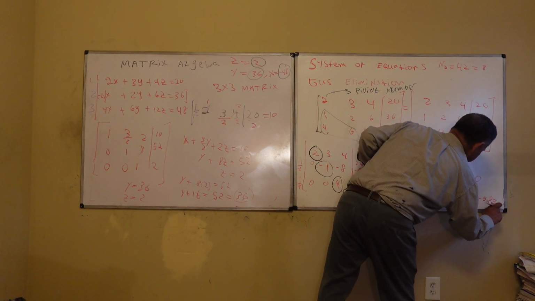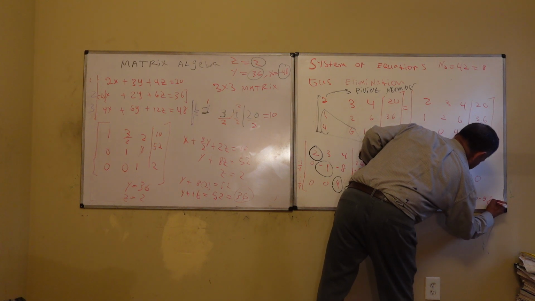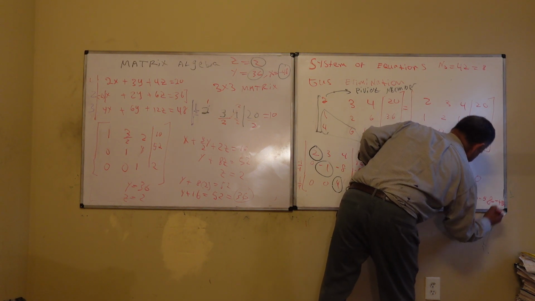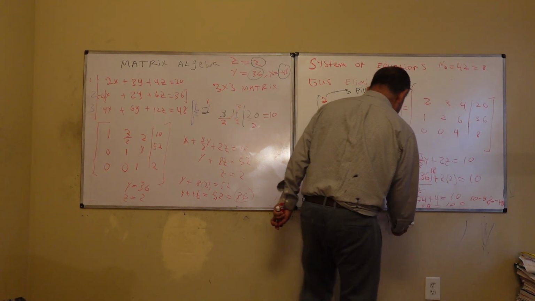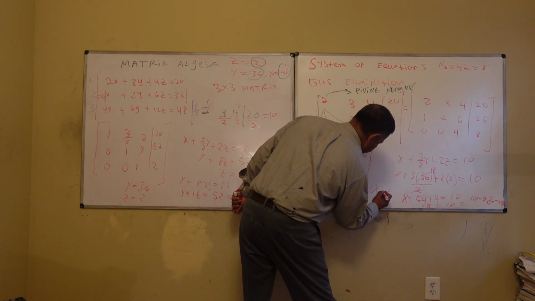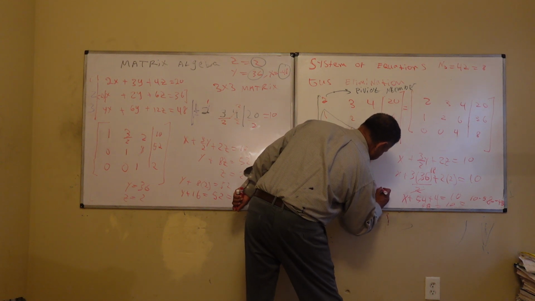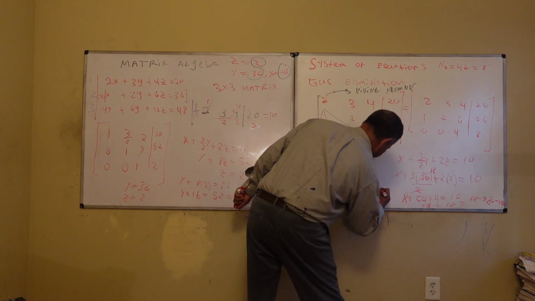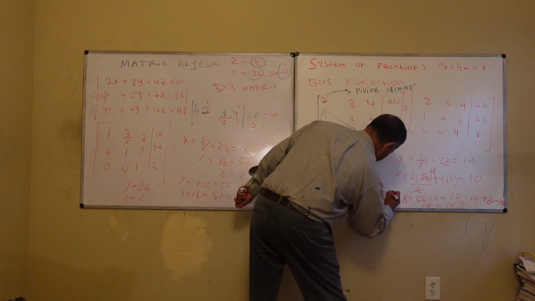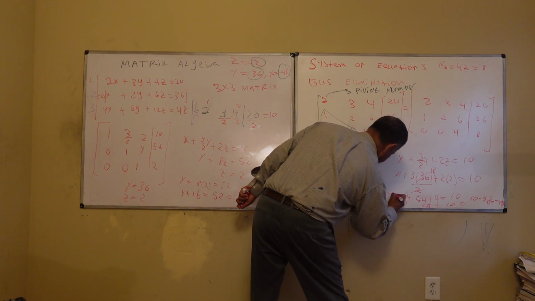Right? Negative 48. So by doing this, x is equal to negative 48.